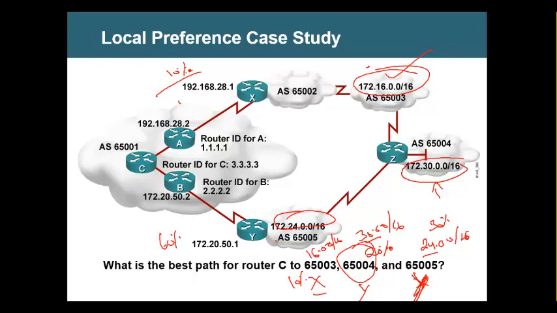In one path, 60% of traffic is going. In the other path, only 10% goes.